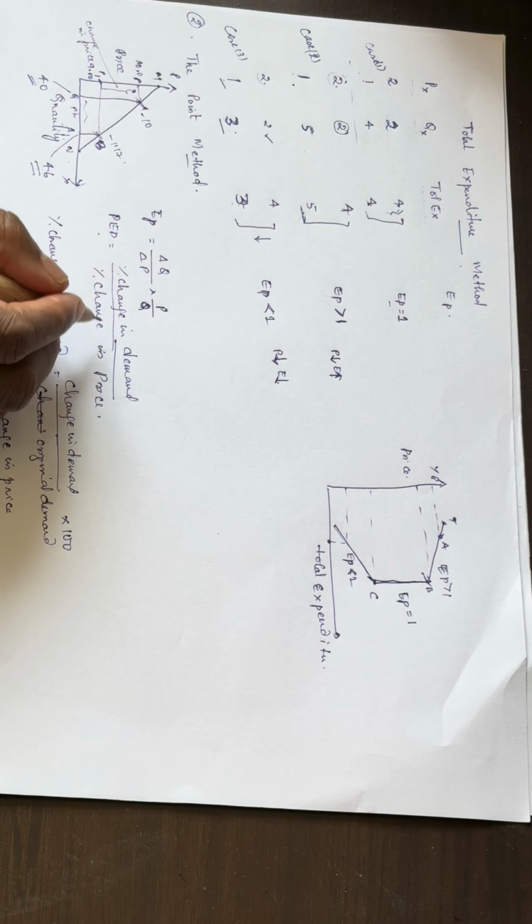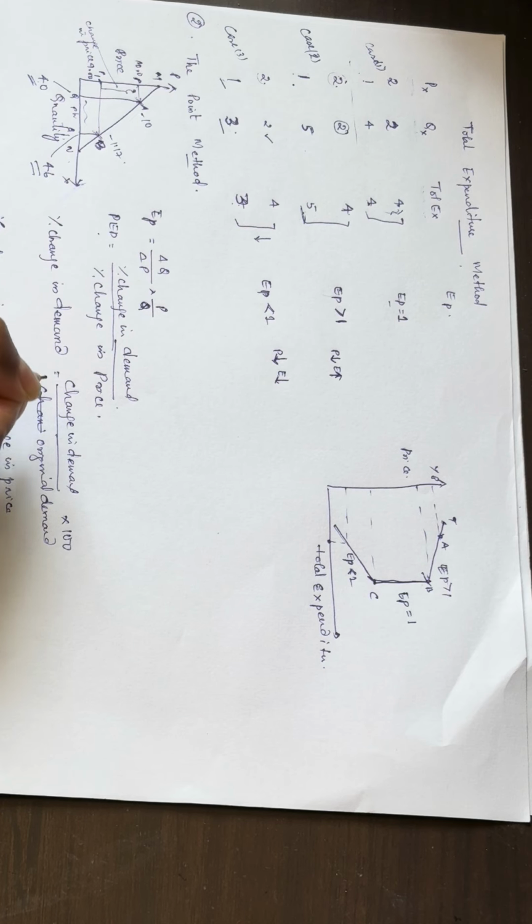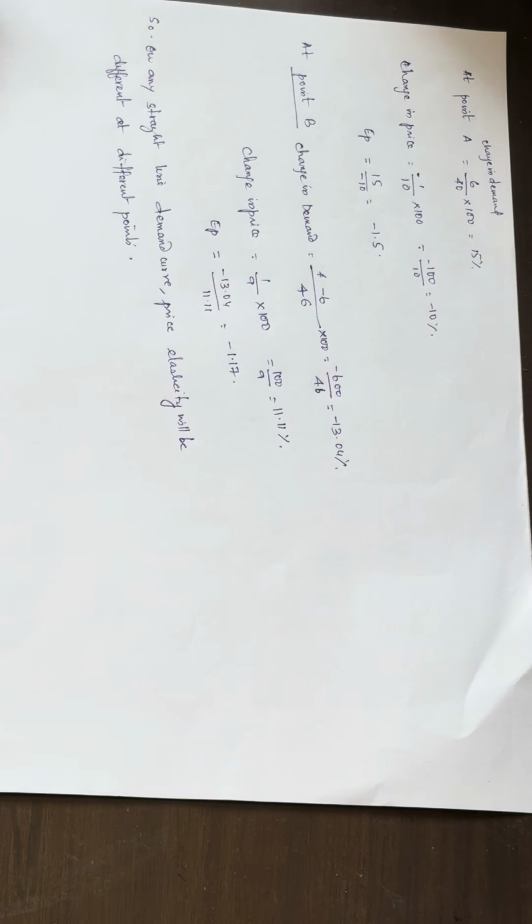Now how will you calculate the percentage change in demand? Percentage change in demand is calculated by change in demand divided by original demand into 100, and percentage change in price is equal to change in price by original price into 100.